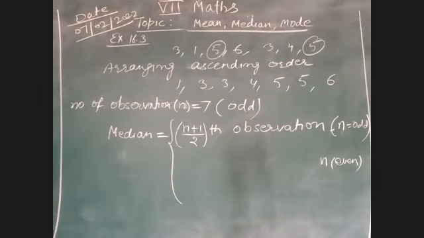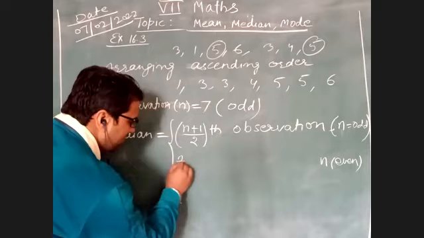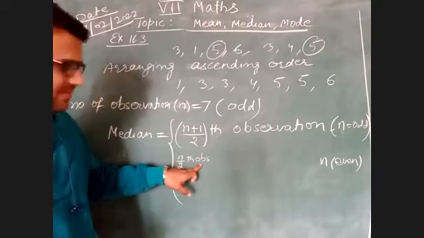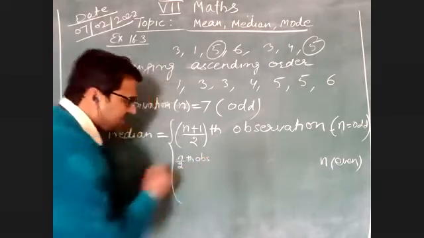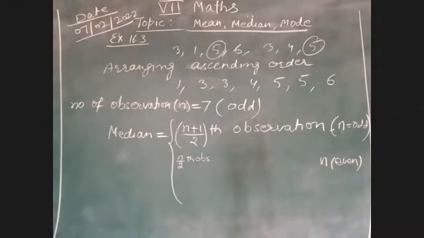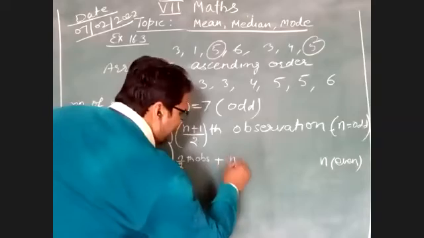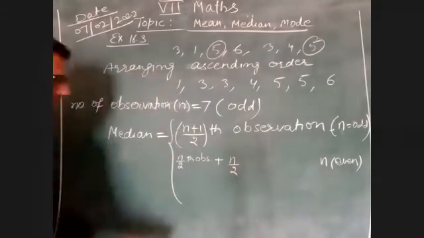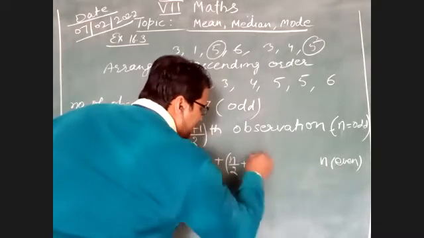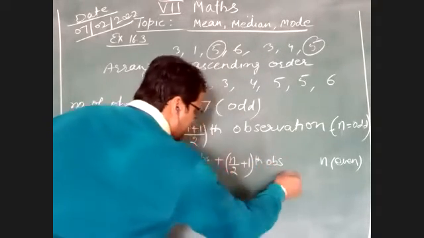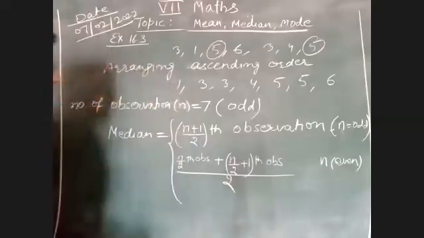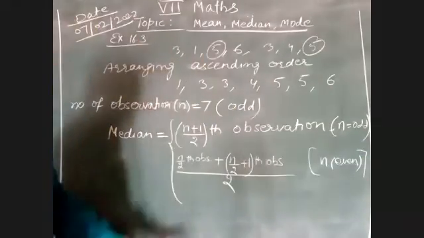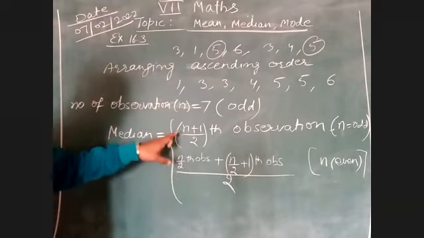If n is even, the median will become one by two of the n by 2th observation plus the (n by 2 plus 1)th observation, that is, add the n by 2th observation and the (n by 2 plus 1)th observation and divide by 2. I am writing the small abbreviation OBS, which means observation. If n is even, you have to remember this formula.